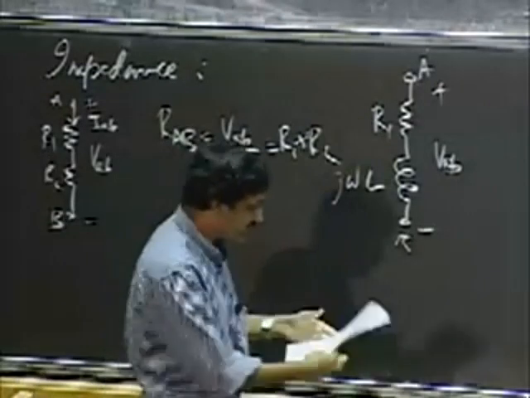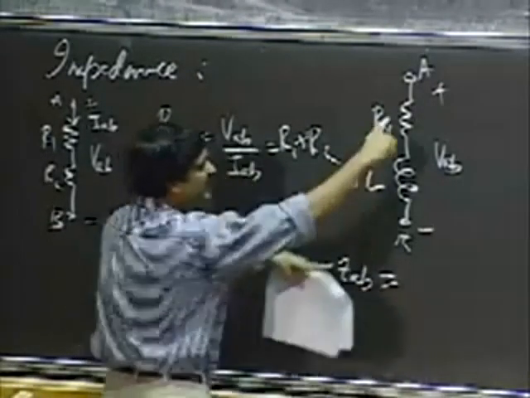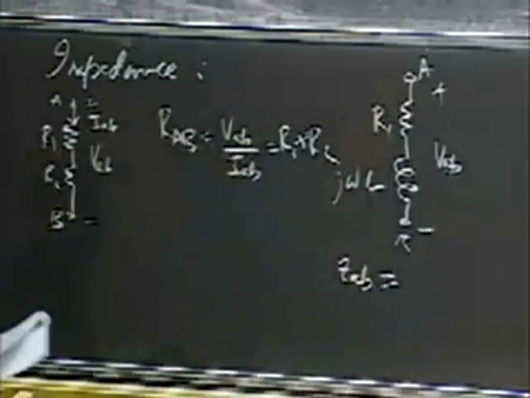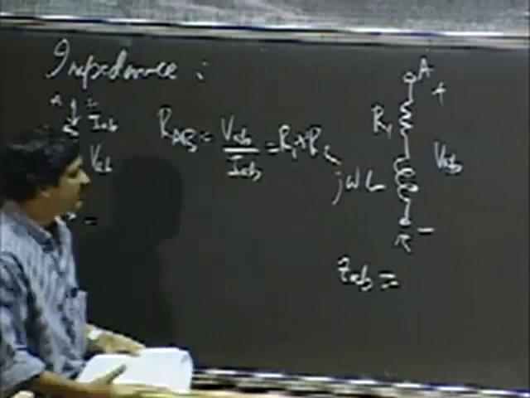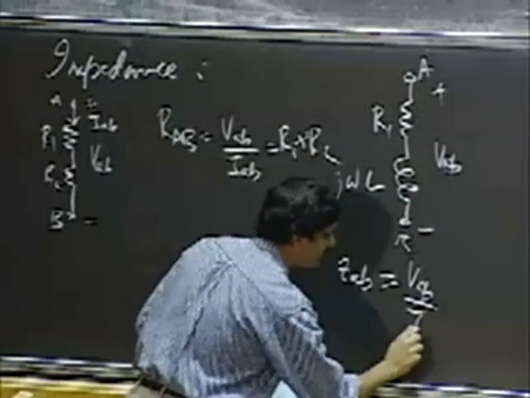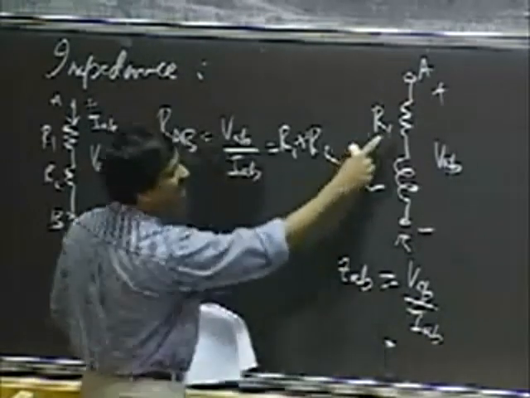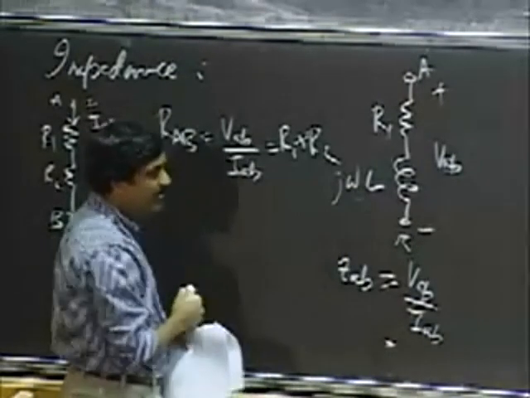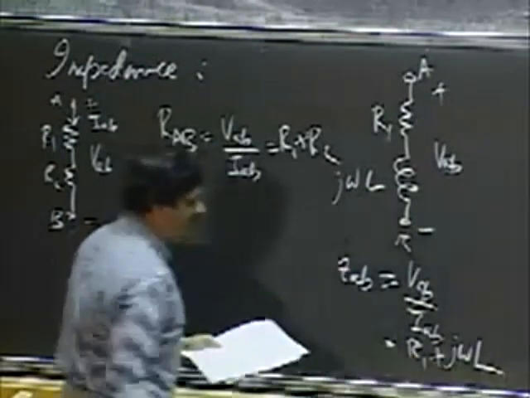And I can also combine them to get the impedance between A and B. Much as I got a resistance between A and B, I can get an impedance between A and B as VAB divided by IAB, and that will be given by ZR1 plus ZL, and that is simply R1 plus j omega L.